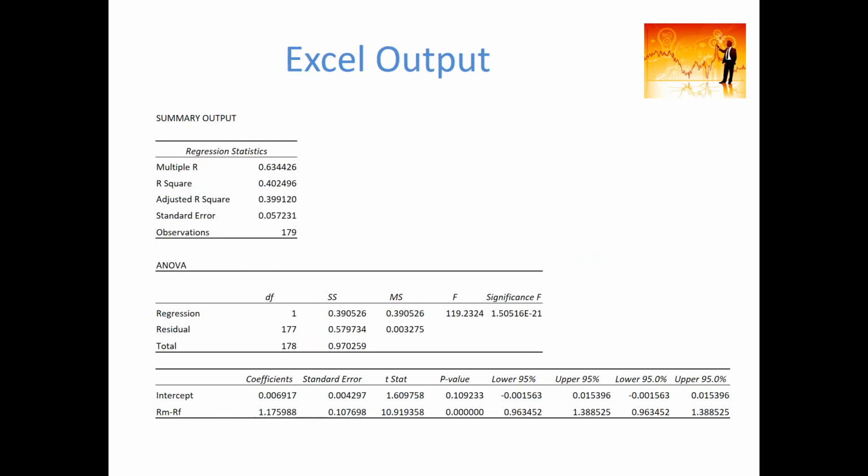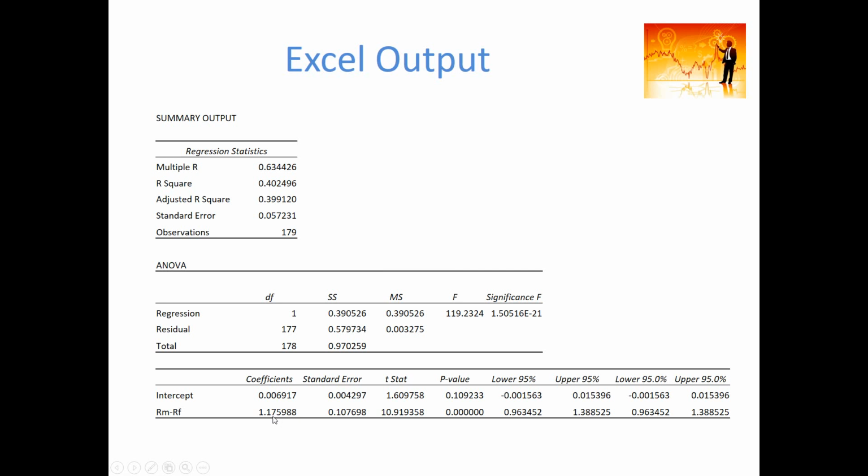If we regress the excess return of an individual stock on the market return and run a regression model, we get this result. This is the intercept of the regression model, which is a measure of the unsystematic, firm-specific risk, and this is the beta, or the systematic risk.